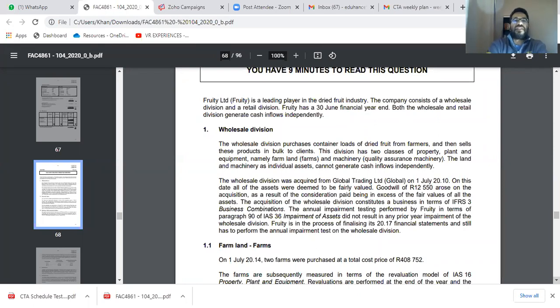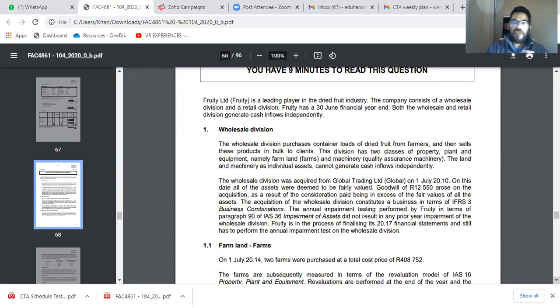In those two cases, you have to test for impairment annually, whether or not there is an indication of impairment. So that's very, very important to take note. Because you have to test goodwill for impairment annually, and goodwill cannot generate cash inflows independently.